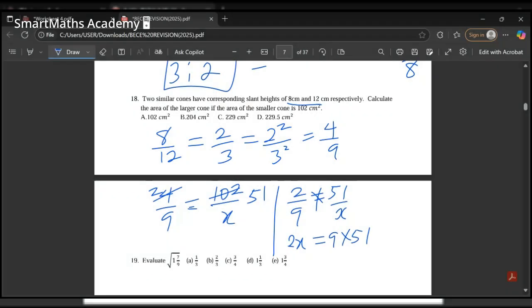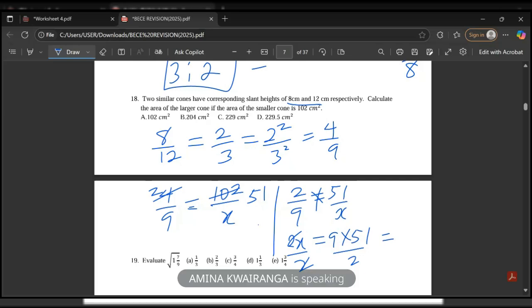That means we divide both sides by 2. So we have 9 times 51, which gives us 459. I hope I'm making sense. 459 divided by 2.